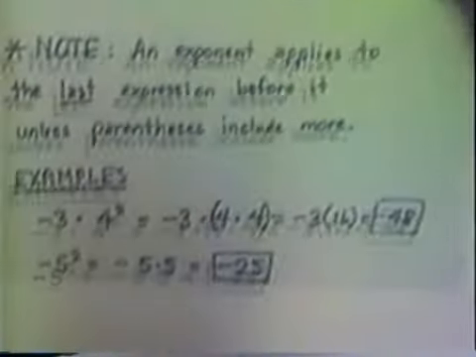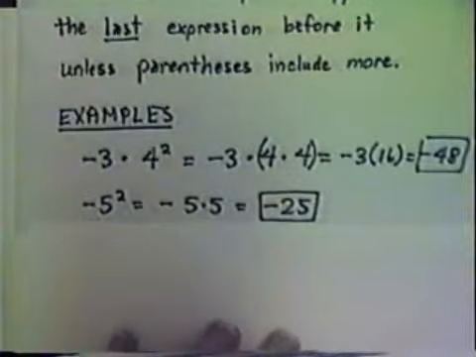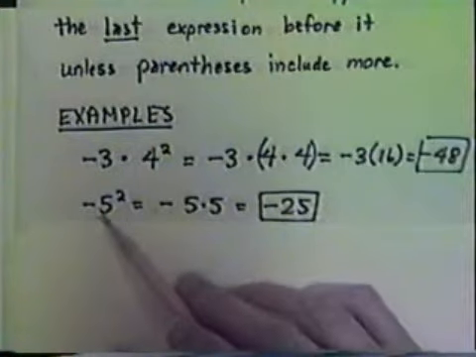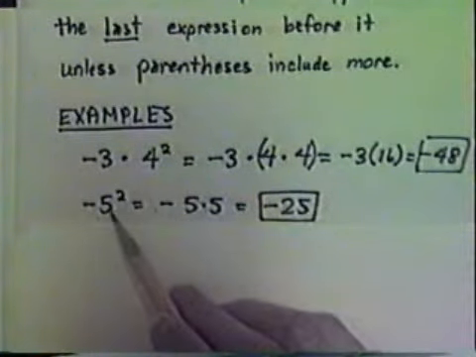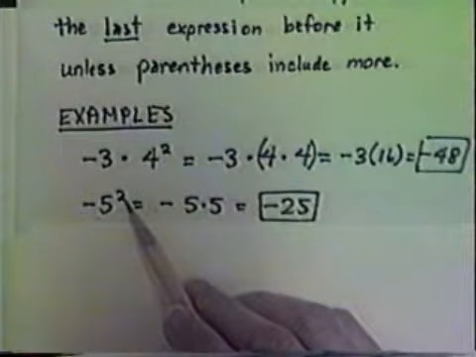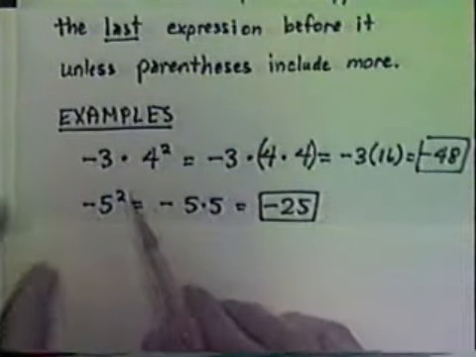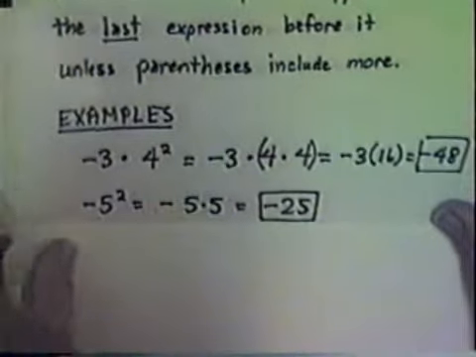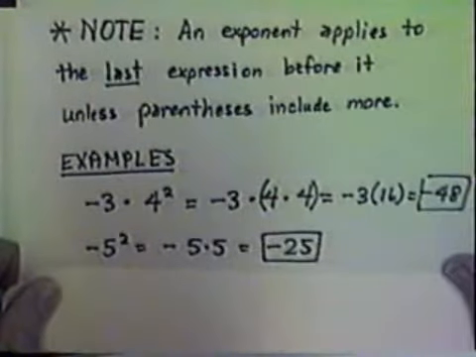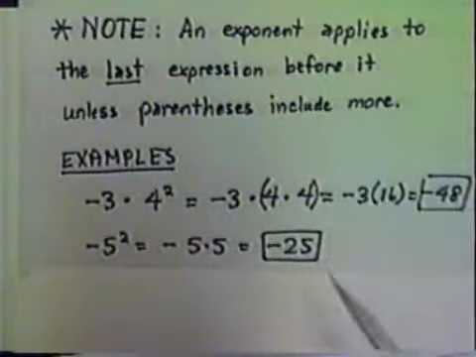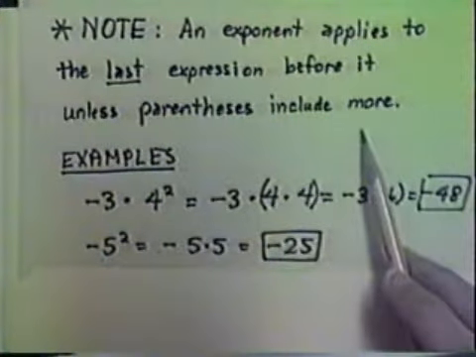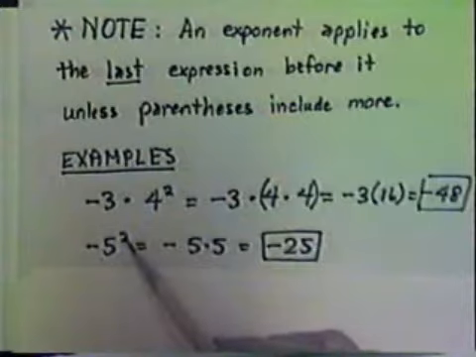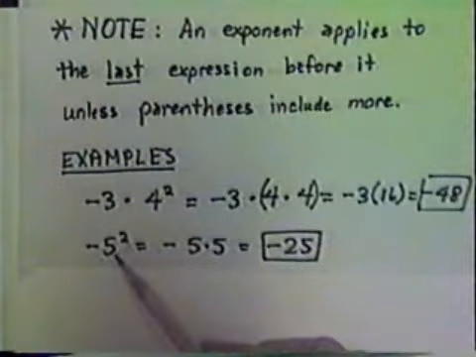Another example, and this one a lot of people find confusing, so pay really close attention here. This says a minus sign, then a 5, then an exponent 2. How much does this exponent apply to? Well, notice that our note says an exponent applies to the last expression before it, unless parentheses include more. The expression before this exponent is the number 5.